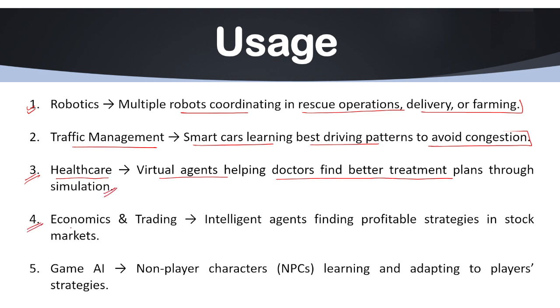Another is economics and trading, intelligent agents finding profitable strategies in stock markets. And in game AI, non-player characters, NPCs, learning and adapting to players' strategies. These are the usages of genetic structure in multiple agents.